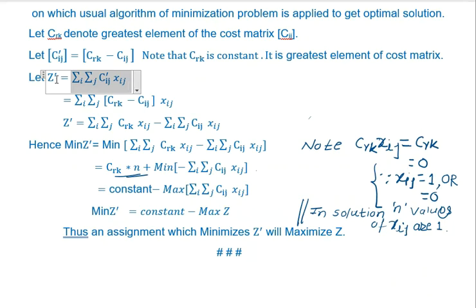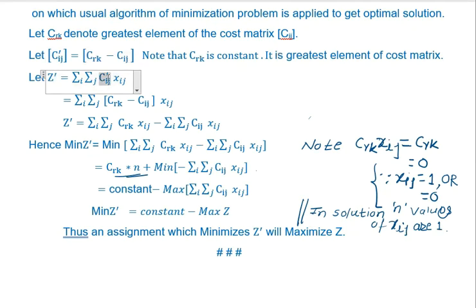This is the cost of which assignment? This assignment is an assignment obtained from the modified matrix. These elements are not the elements of the original cost matrix. These numbers C dash ij are obtained by subtracting Cij from CRK, where CRK is the greatest element.